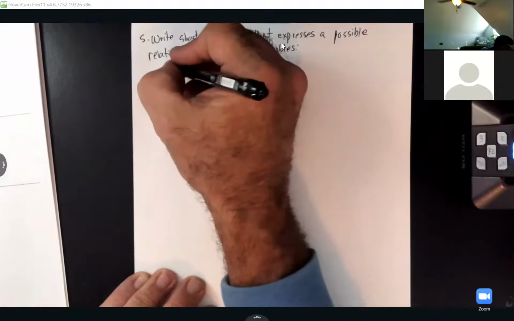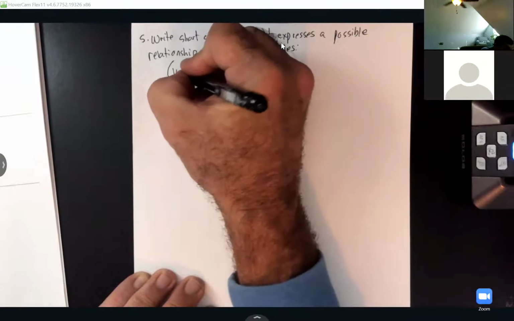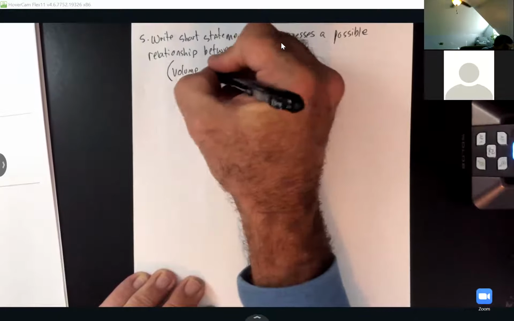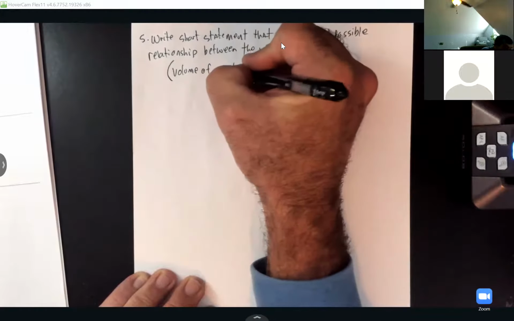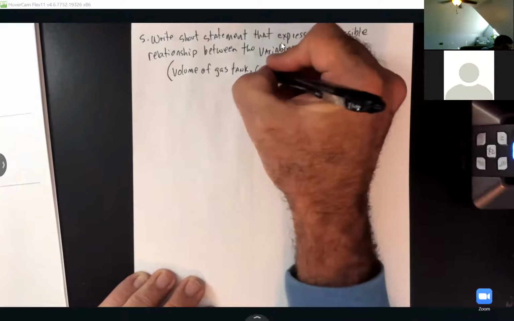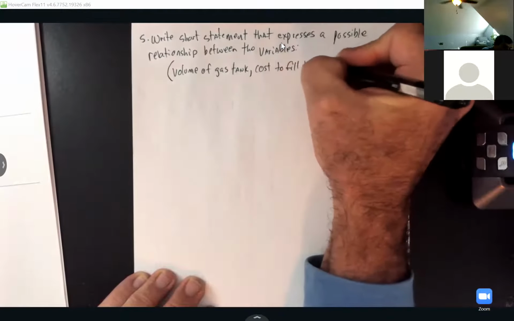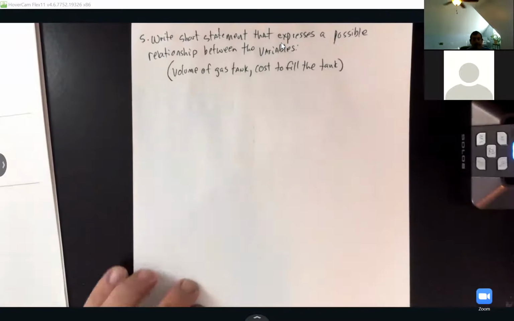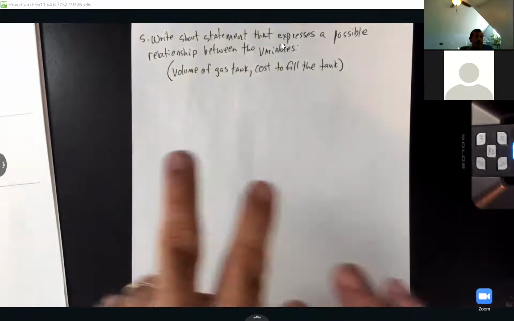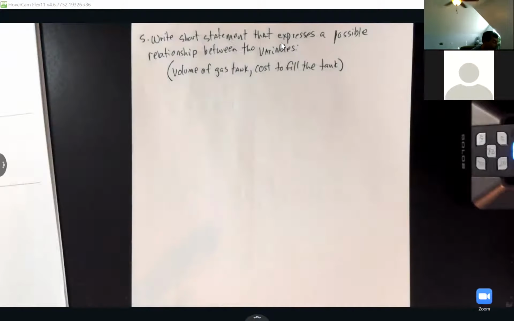All right, so the variables they're giving me are the volume of a gas tank and the cost to fill the tank. So to give you two variables like that, on this one, we're looking for something like, as the volume of the gas tank increases, the cost to fill the tank increases.